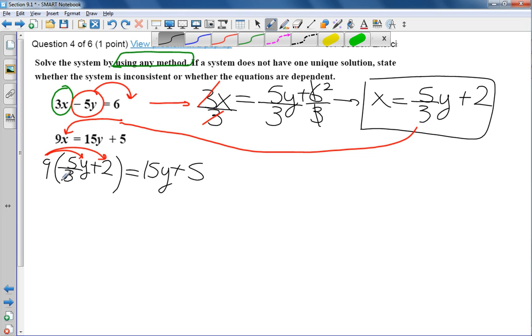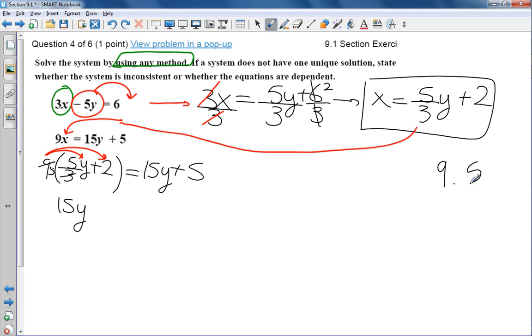All right, 9 times 5/3. When 9 goes into here, they cancel and it becomes 3. So 3 times 5 is 15y. Do you want to see more details? Here. I multiplied 9 and 5/3 of y. How? 9 and 3 reduced, they canceled, and 3 and 5 made 15.